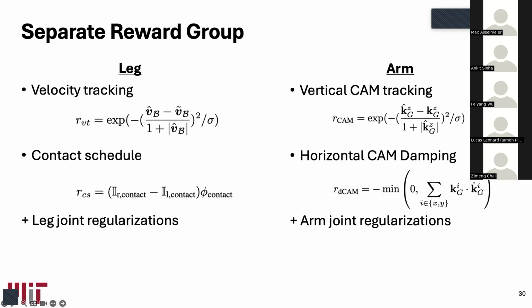Whereas the role of the arm is to assist the locomotion by swinging the arms so as to reduce the centroidal angular momentum and recover from external perturbation. Using this centroidal angular momentum that we compute with Pinocchio, we can have this vertical CAM tracking part and the damping part. So their roles are clearly differentiated: the role of the leg is to track the velocity, whereas the arm is to stabilize the locomotion.